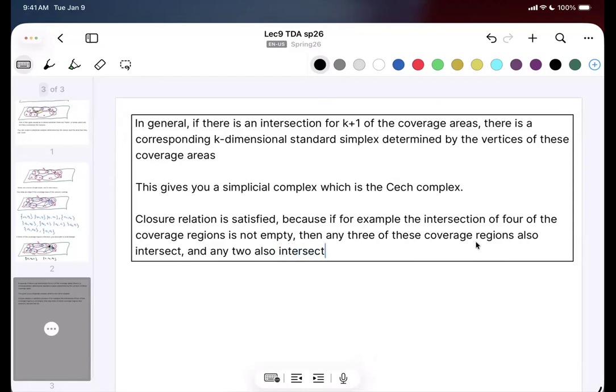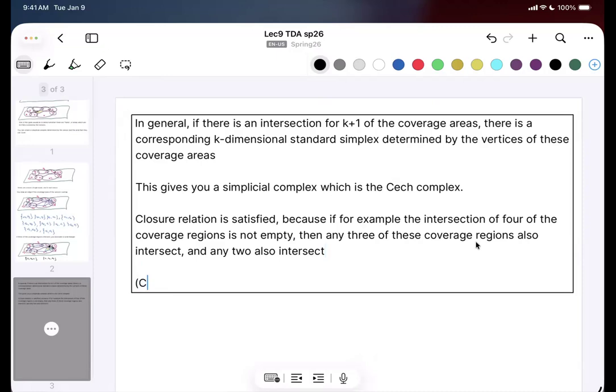So yeah, it's better to think about it in terms of colorings. Think of the coverage regions in terms of colorings.